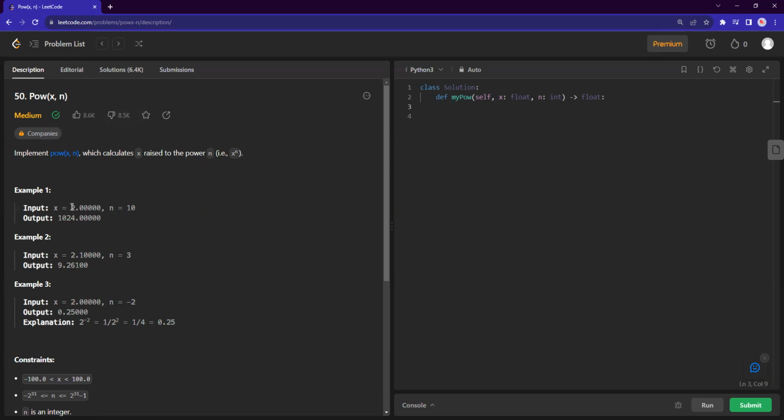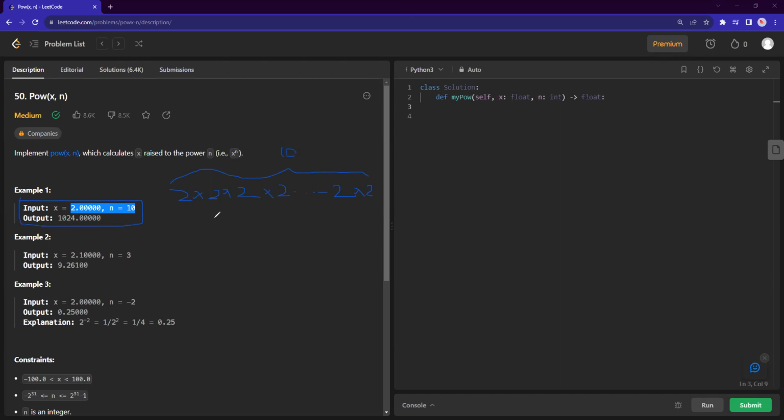The straightforward one is 2 to the power of 10, which is our main trick that we will be employing. There's the brute force method, which is 2 times 2 times 2 times 2. We just keep multiplying twos after twos, 10 times, and that will give us the answer as well.